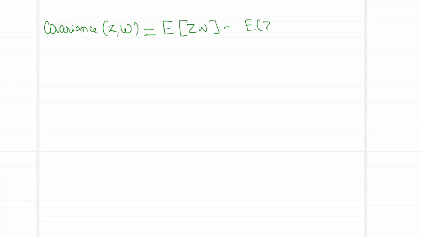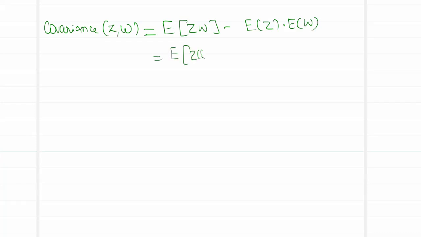So now we'll have to see what is going to be covariance of Z comma W. This is the quantity which we require. We will have to recollect the formula for covariance. Covariance is nothing but E of ZW minus E of Z into E of W. Now what is this E of ZW?